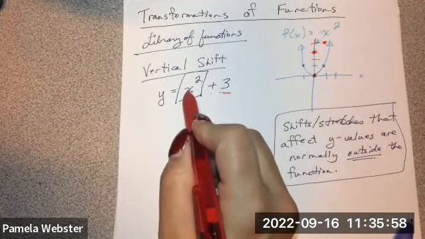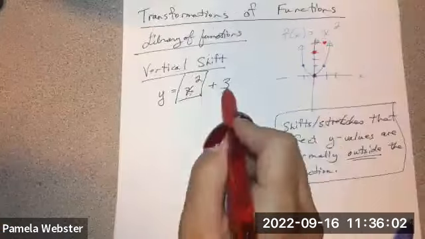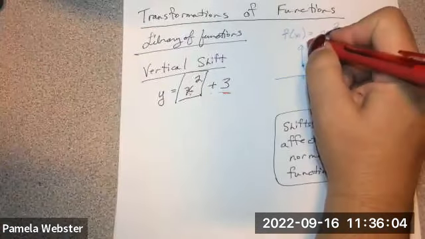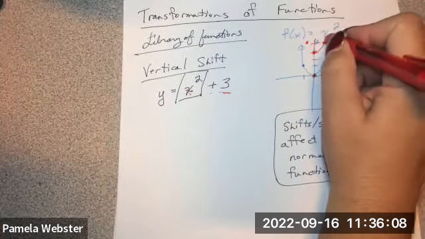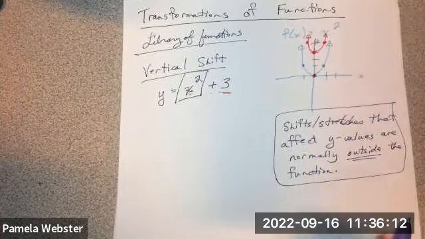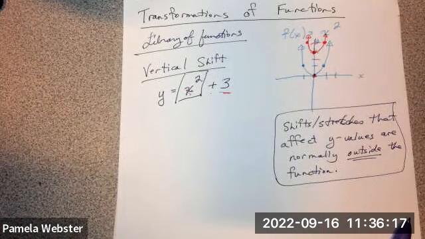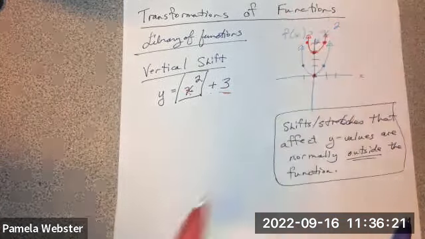Now I'm going to do -1 squared. -1 times -1 is 1. 1 plus 3 is 4. And we know that this graph is symmetric because this is an even function, right? Symmetric around the y-axis. So everything looks the same. We know how these act overall whenever we know it's an even function. And hopefully it looks like I picked this graph up and just shifted it up 3.